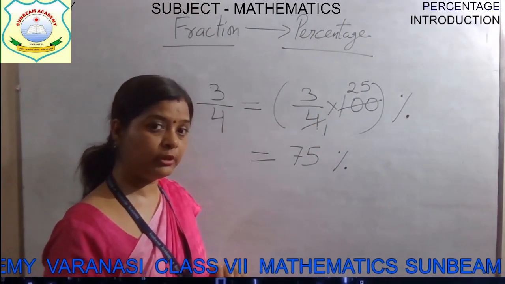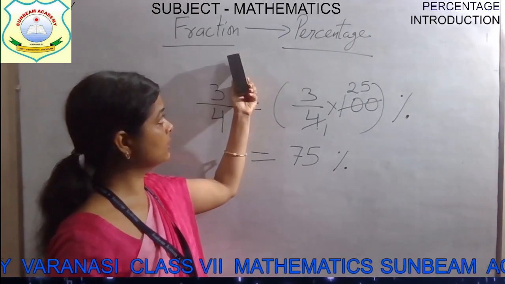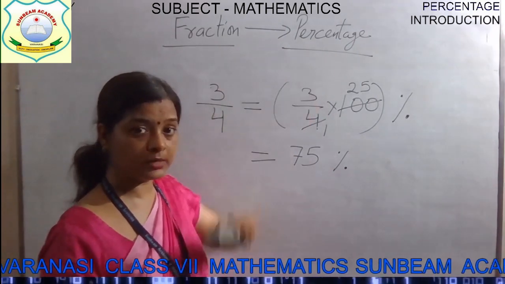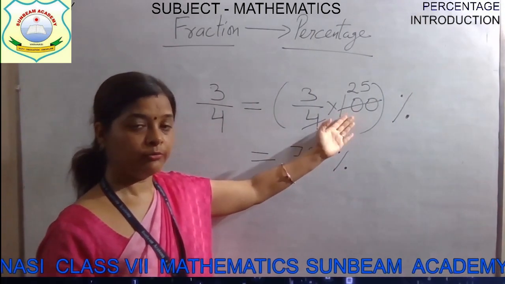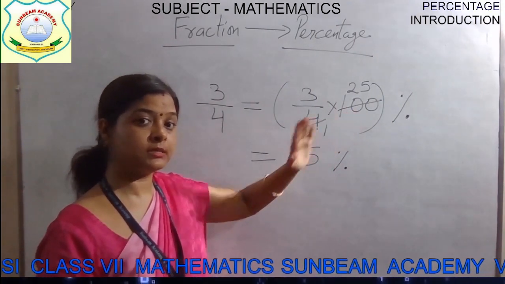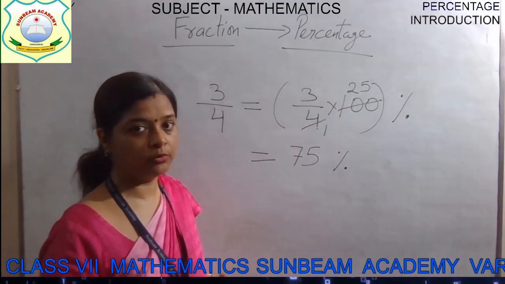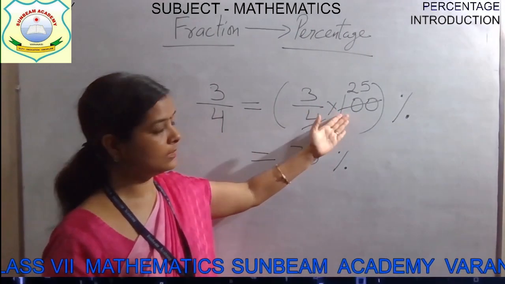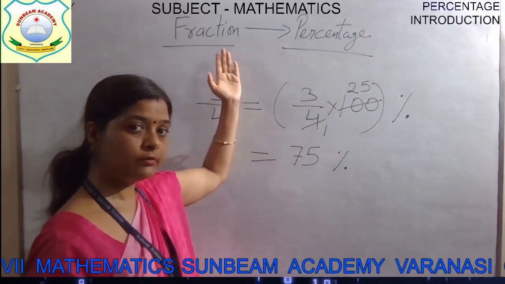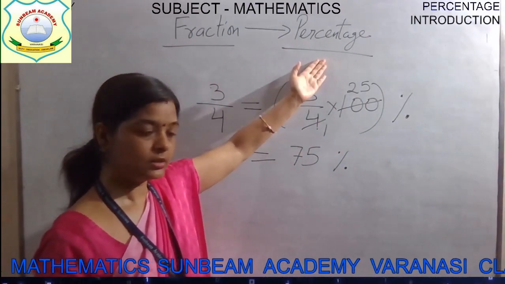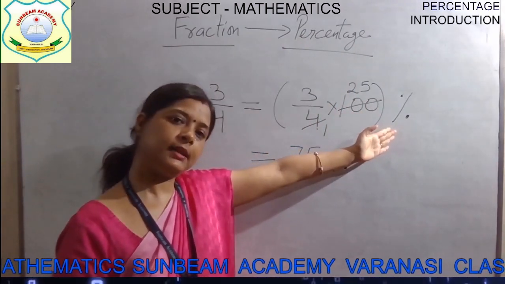To convert the fraction into percentage, you will not write 100 directly. If you are multiplying it with 100, there are some rules to follow. Why do you multiply with 100? Because you are converting the fraction into percentage. Then you have to put the percentage sign.